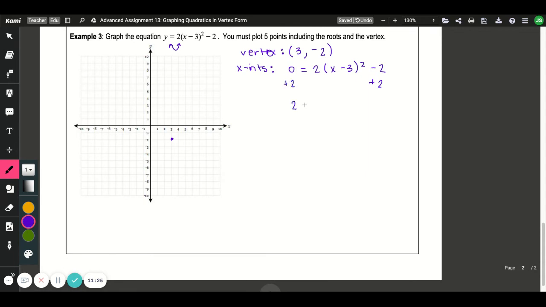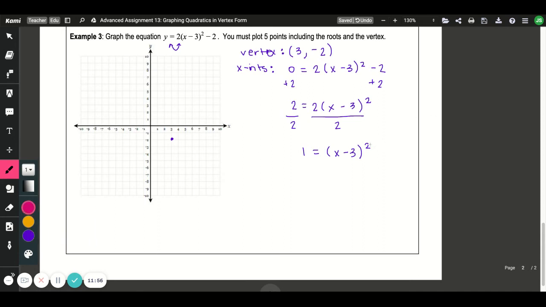I get 2 equals 2 times (x minus 3) squared. Then to get rid of this 2, I'm going to divide both sides by 2. So divide by 2 and then balance it out. Divide the other side by 2. 2 divided by 2 is 1 equals 2 divided by 2 is 1. So these are gone. (x minus 3) squared.